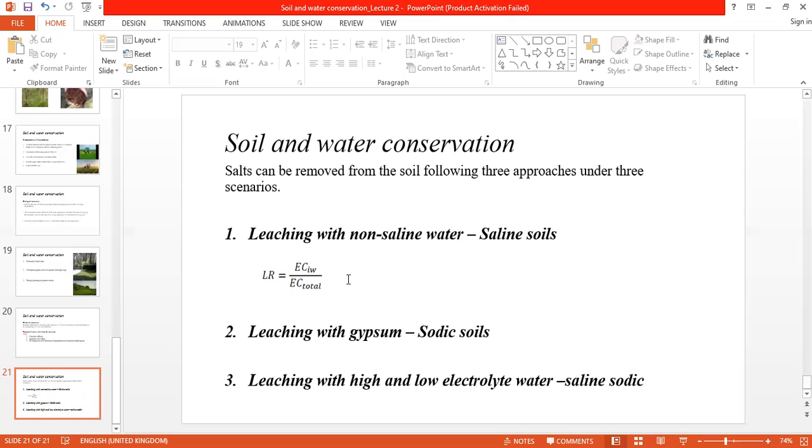Is it on the C factor or is it on the P factor? Then you're able to explain, if you have this practice, how does it reduce soil erosion? For example, if you have a soil cover, how does it conserve soil?